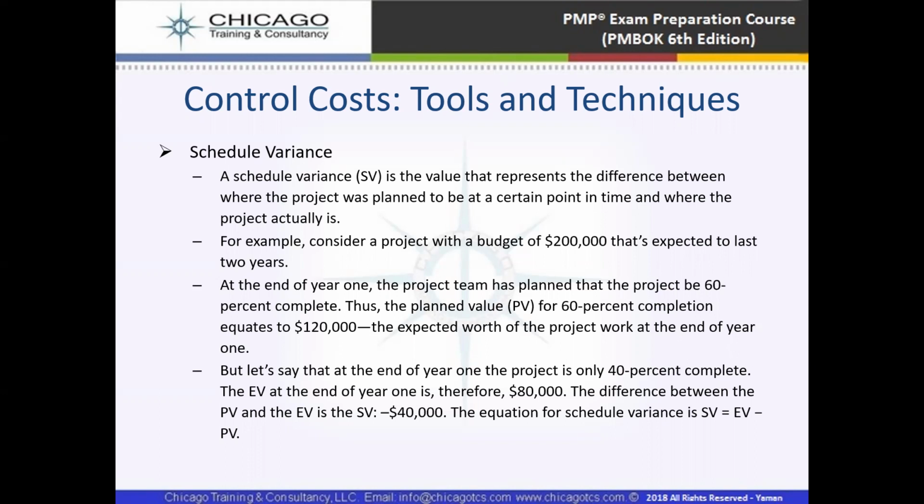At the end of 1 year, the project plan says the project should be 60% complete. The planned value for 60% completion equates to $120,000, the expected worth of project work at the end of year one. Let's say that at the end of year one, the project is only 40% complete. So the earned value at the end of year one is $80,000. The difference between the planned value and earned value is $40,000.